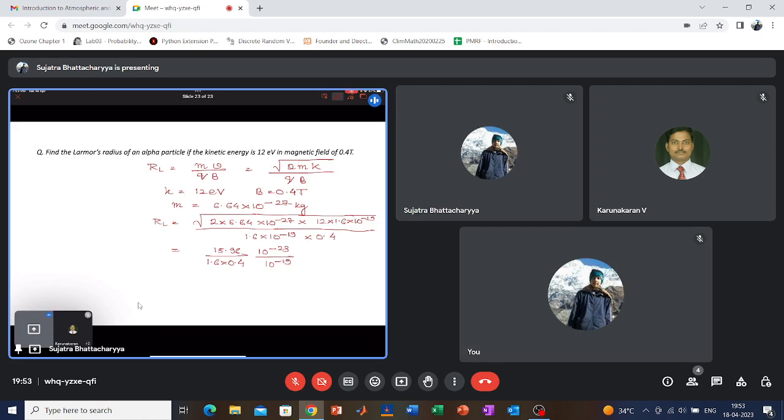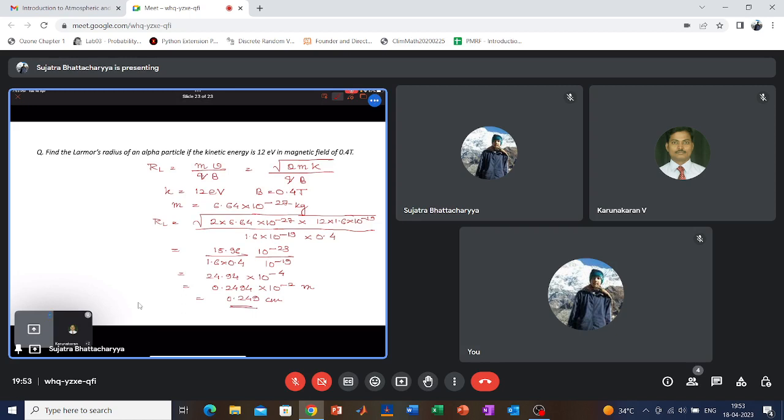It comes out to be about 24.94 into 10 to the power minus 4, so about 0.2494 into 10 to the power minus 2 meters. So that gives you 0.249 centimeter.